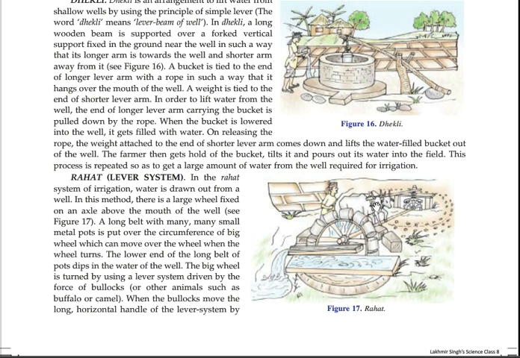As you've seen, these bullocks rotate in a circular way, and their rotation, if you see clearly here, is connected in a lever way.